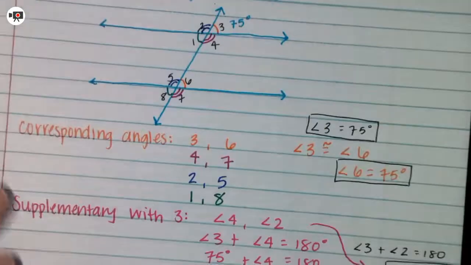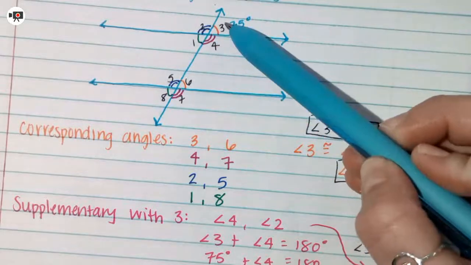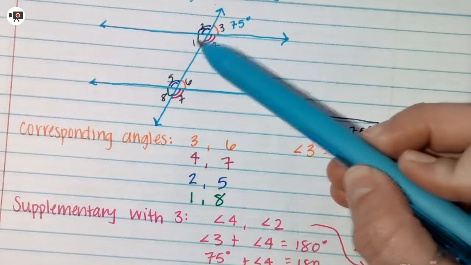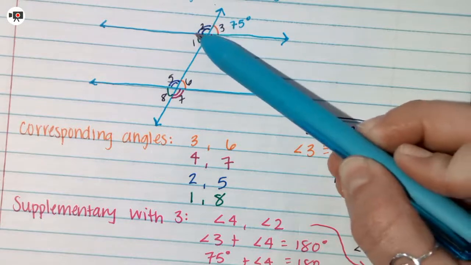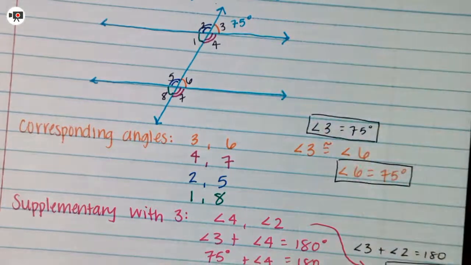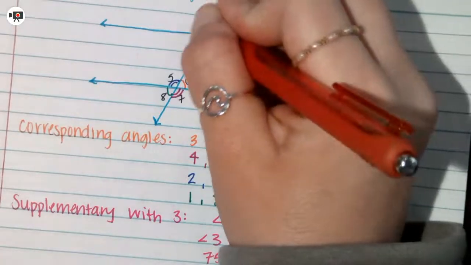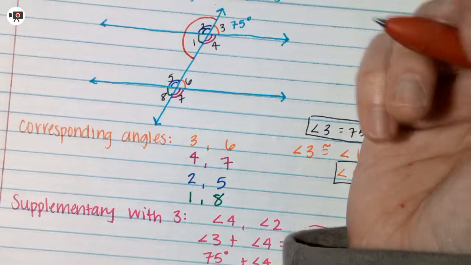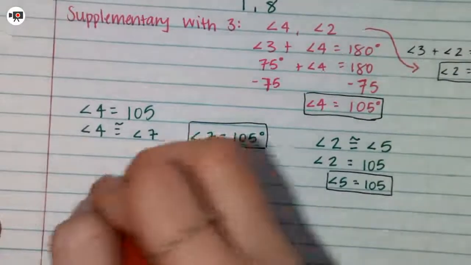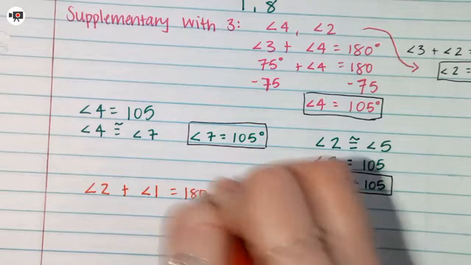So let's look back. I know angle 2, I know angle 4, and I know angle 3. Angle 1 is supplementary with angle 2. It's also supplementary to angle 4. So these will form supplementary angles. So I know angle 2 plus angle 1 equals 180.